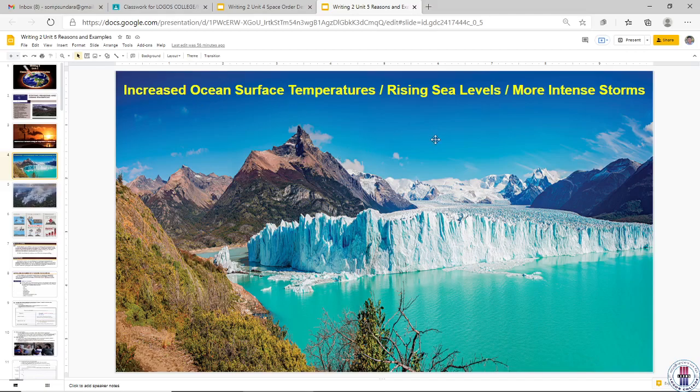And the examples of these are, there's rising sea levels. The ocean levels are getting higher. Right? I think you've heard in articles that cities are sinking. And then you also notice there's more intense storms. There's stronger storms. So these examples are evidence of increased ocean surface temperatures, which leads to rising sea levels and more intense storms.